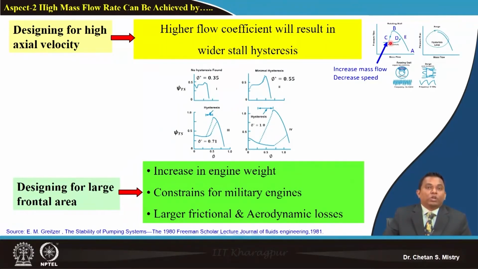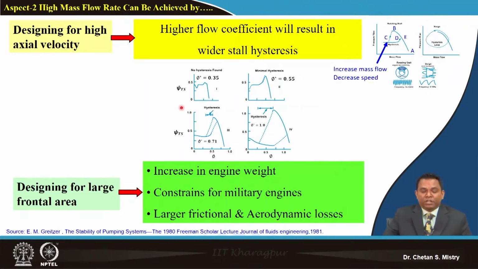To avoid that situation, pilots increase the mass flow rate or decrease the rotational speed of the compressor. Then the compressor goes from point C to D to E, and this creates the hysteresis loop. So this is nothing but the hysteresis loop.